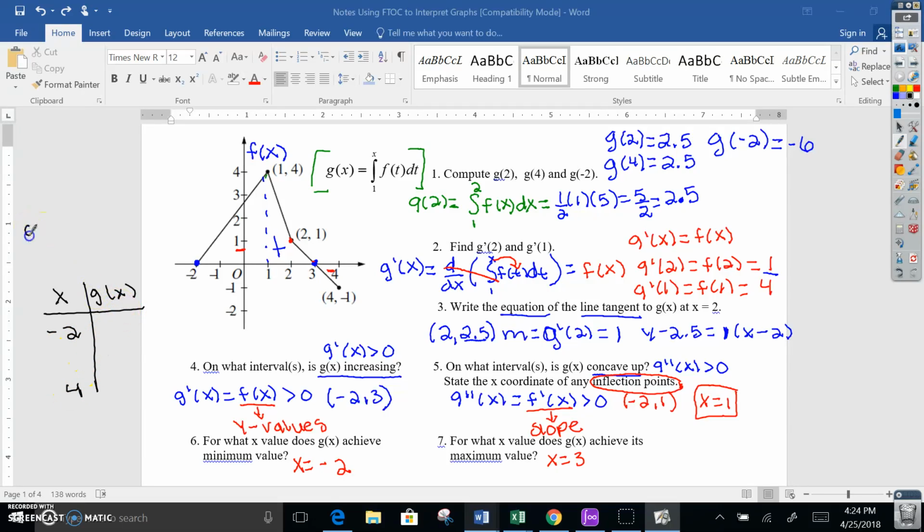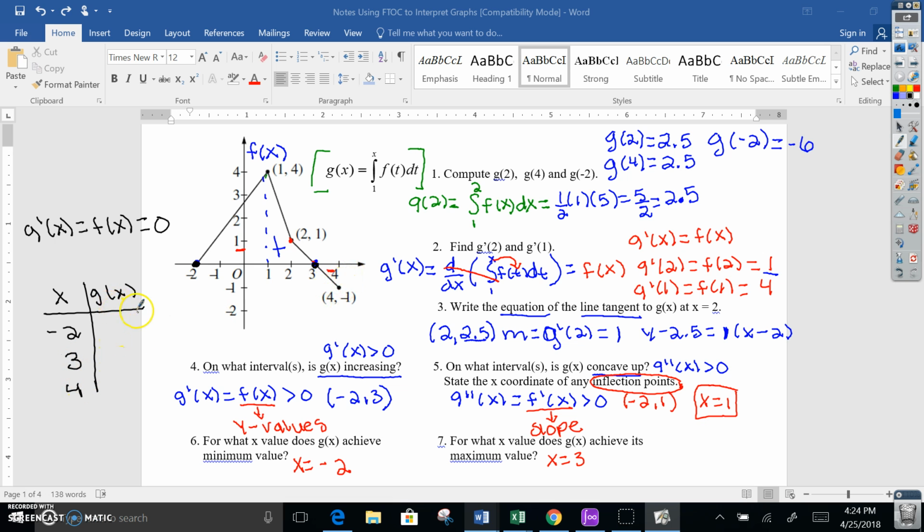And the critical point is when the derivative, in this case f of x, will equal 0. So if you go look for whenever f of x is 0, well, that's -2, but that happens to be an endpoint, so that's not a critical point. And then we have 3, and then we have 4.